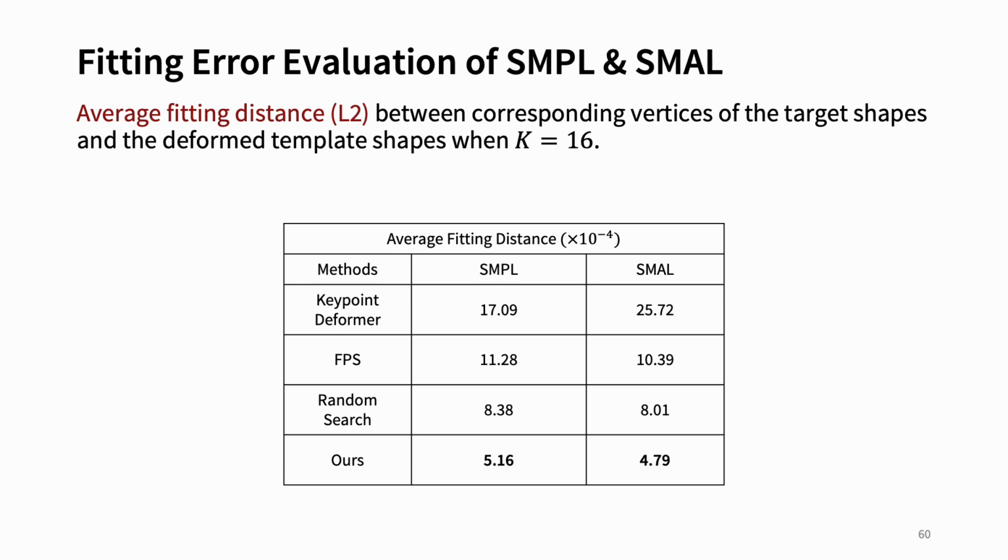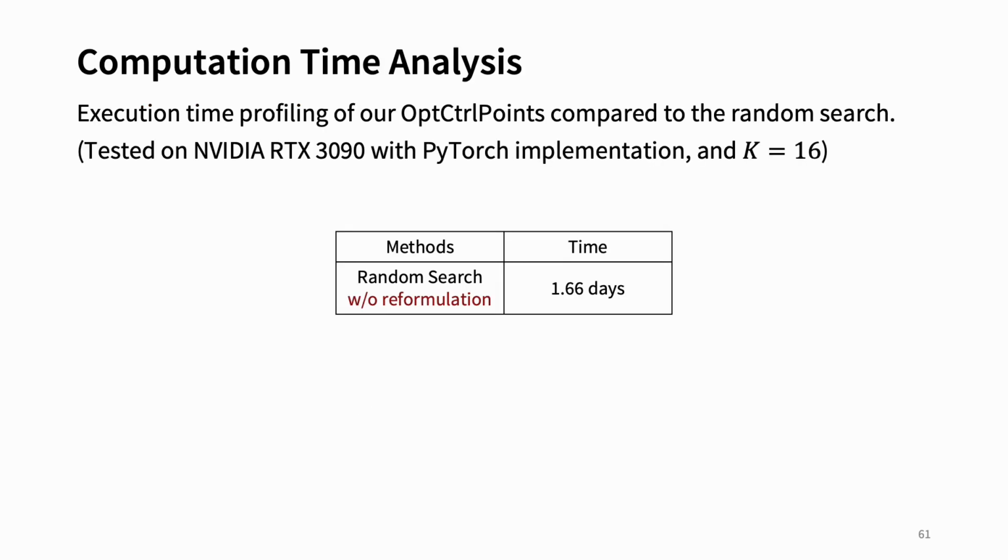This table shows that our method reduced the fitting error drastically. We also demonstrate the efficiency of our method compared to the naive random search approach for finding a better solution. In random search, we sample subsets of vertices n choose k times, so it takes a day without our reformulation.